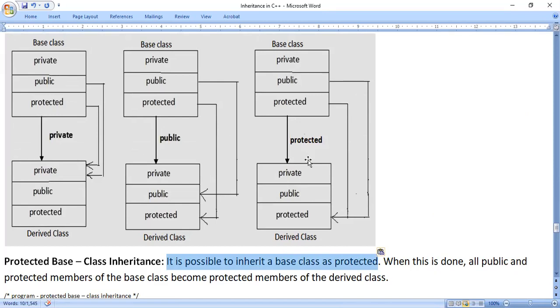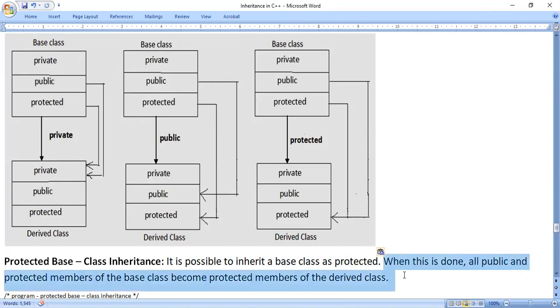So the base class is inherited as protected. When this is done, all public and protected members of base class become protected members of the derived class.